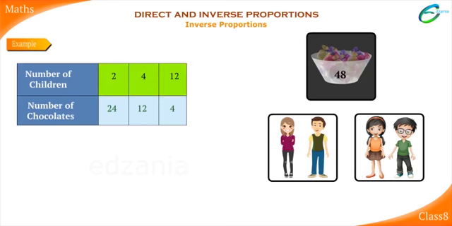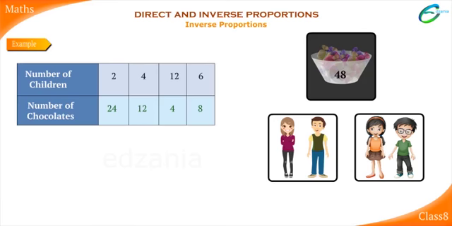We can say that as the number of children increases, the number of chocolates each child will get decreases. Now, if the number of children is halved from 12 to 6, what will be the number of chocolates that each child will get? In this case, the number of chocolates that each child will get must be doubled to 8.